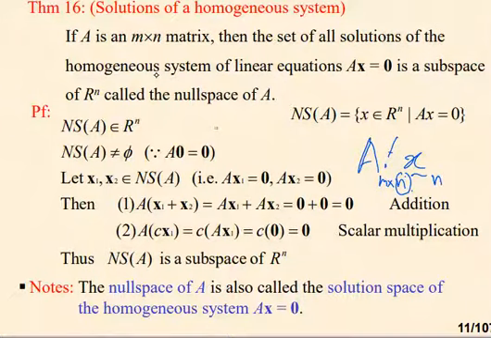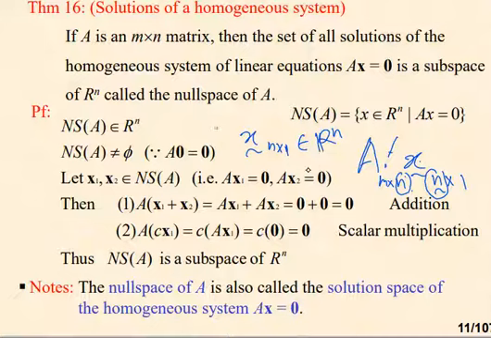So this should be n by 1. Therefore x is an element in R^n space if you consider the set of all solutions of this homogeneous system, which is a subspace of R^n.